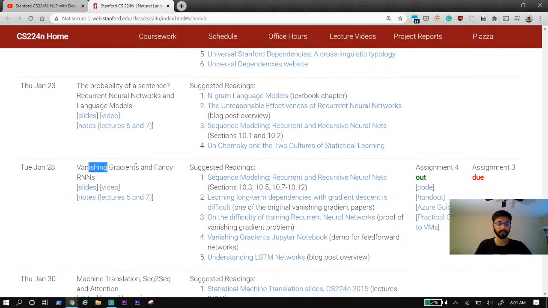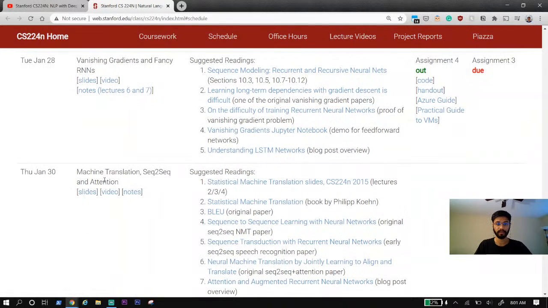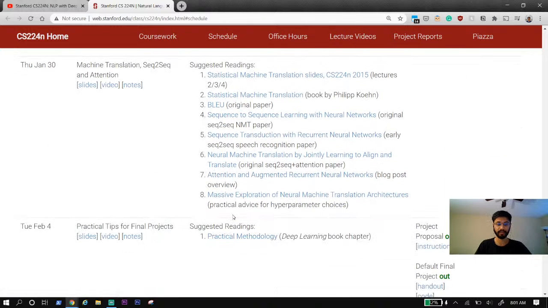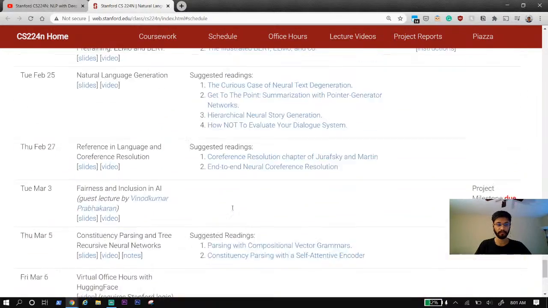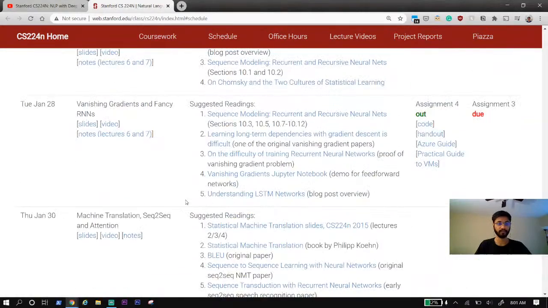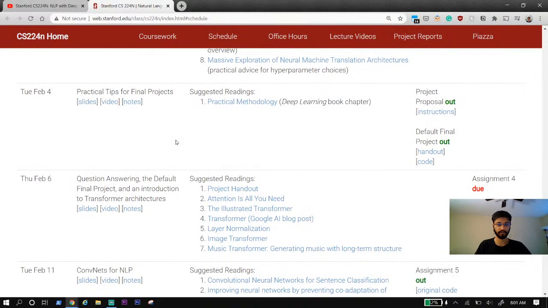Yesterday we covered vanishing gradients, and then today machine translation and attention. There are a few readings. We may sift through these as well. I just wanted to quickly look at what else is there.